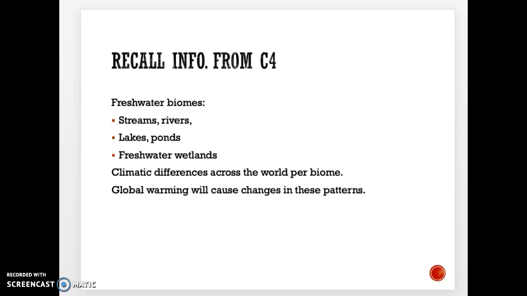You should also recall from Chapter 4 that climatic differences vary across the world per biome. So basically, rainfall is going to vary in different regions, and those are patterns, year-to-year patterns, which is what determines the climate of those areas.